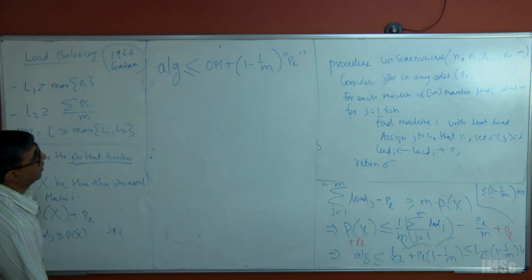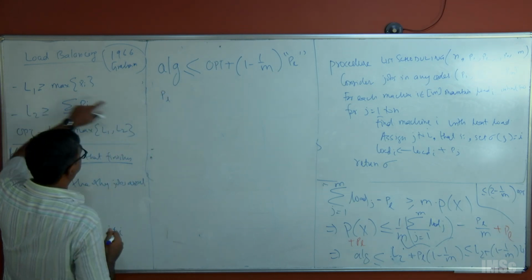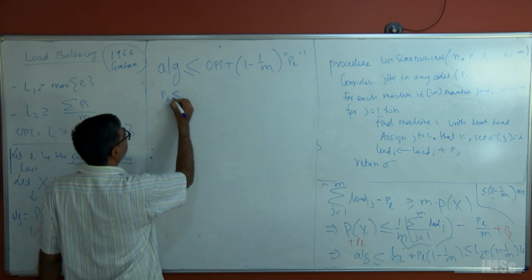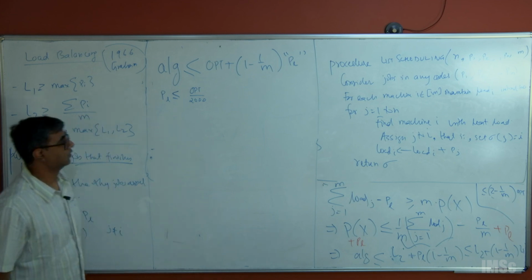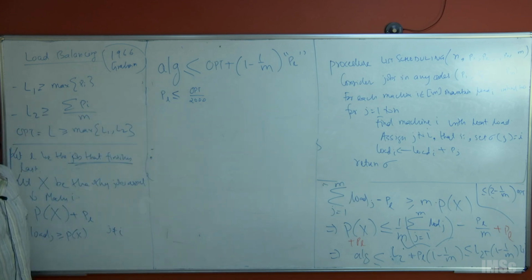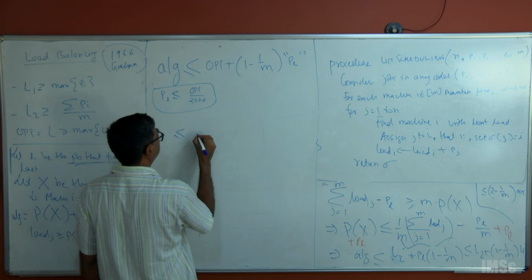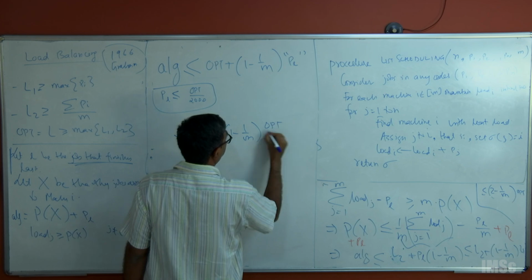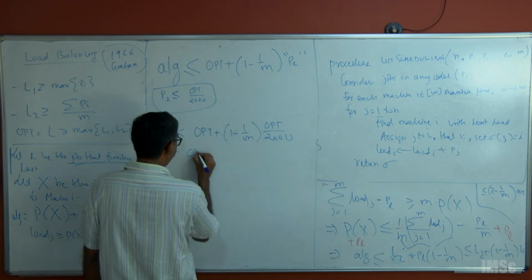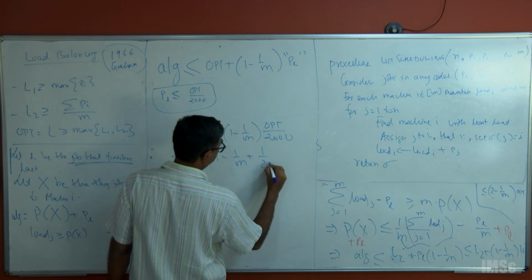If I can say that PL is less than or equal to OPT by 2000, what approximation factor do I get? Then I will get ALG less than or equal to OPT plus (1 minus 1 by m) times OPT by 2000. If I take OPT common, then I will get 1 minus 1 by m plus 1 over 2000.